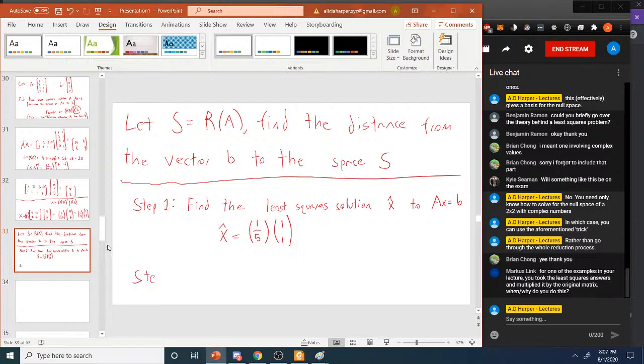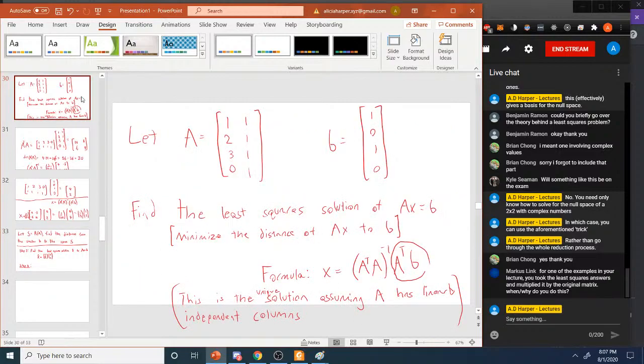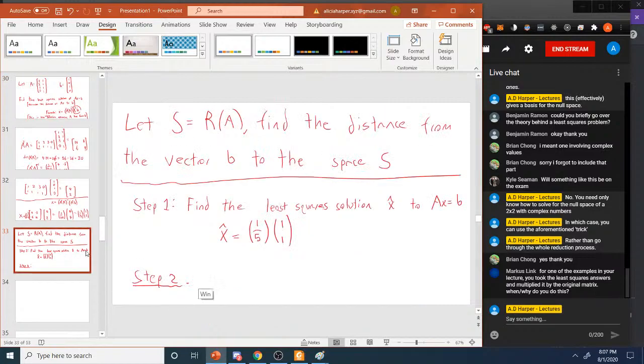And then step 2, because this is the thing that minimizes the distance from AX to B, the distance from B to S is the magnitude of AX hat minus B.